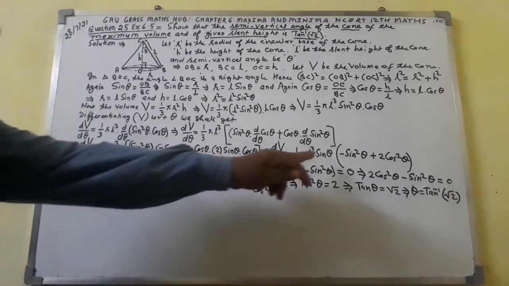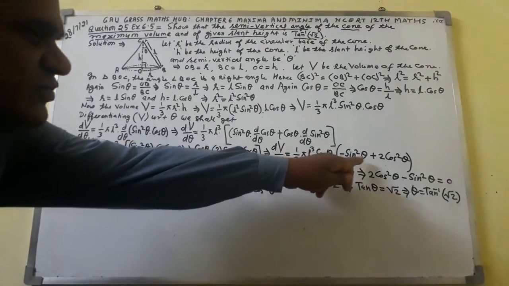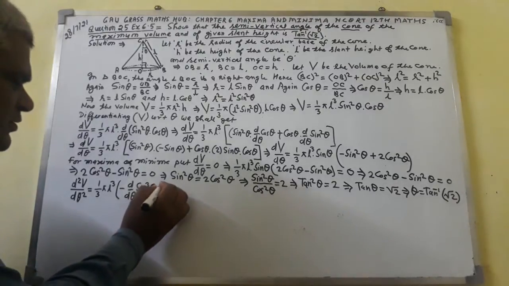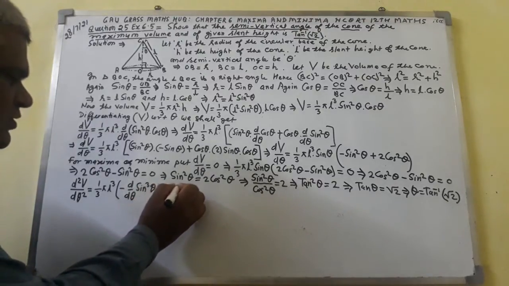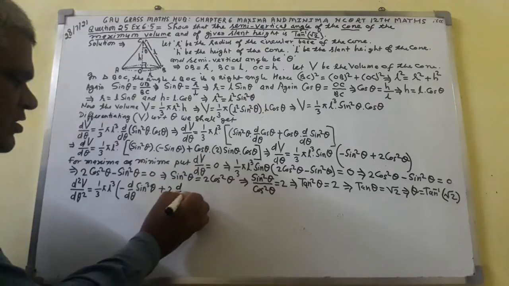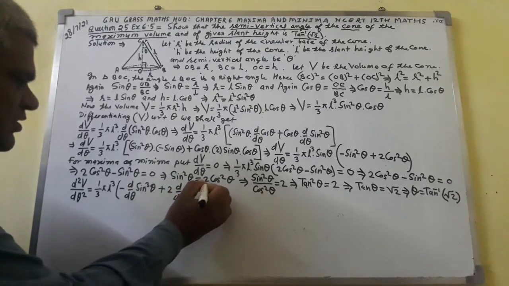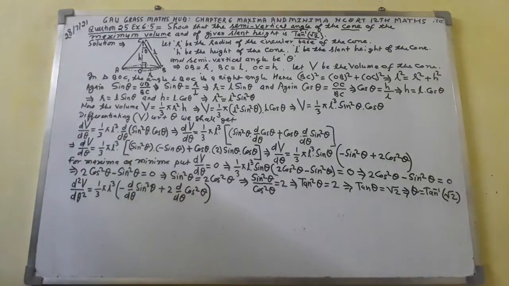This thing. This sin theta will multiply to sin square theta. You will get here sin cube theta. Minus will be there. Plus 2 d over d theta of cos square theta. This thing we should write.